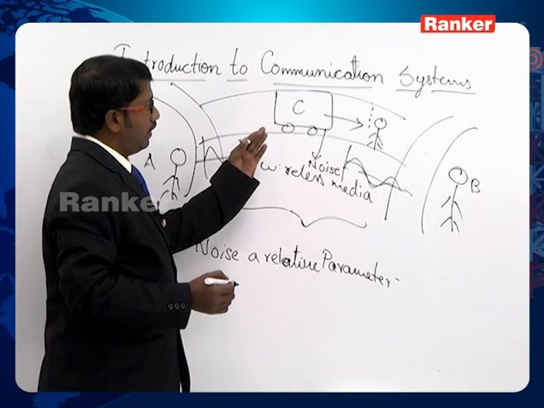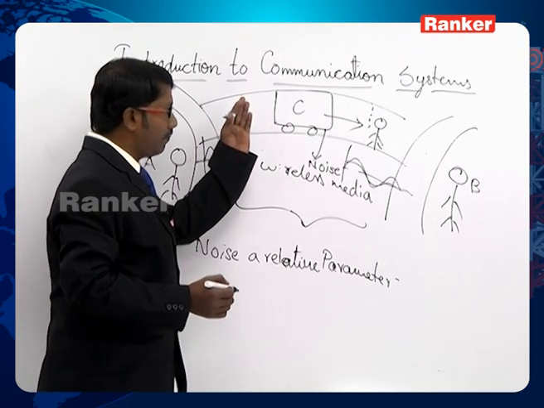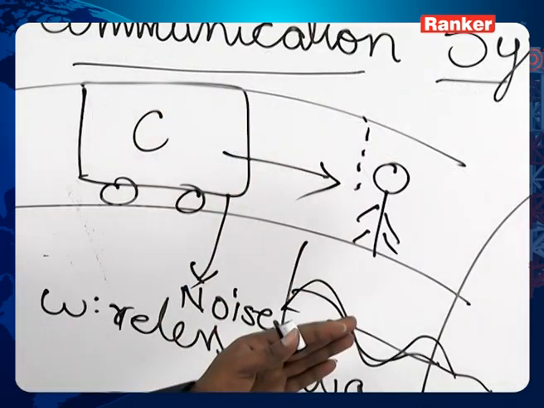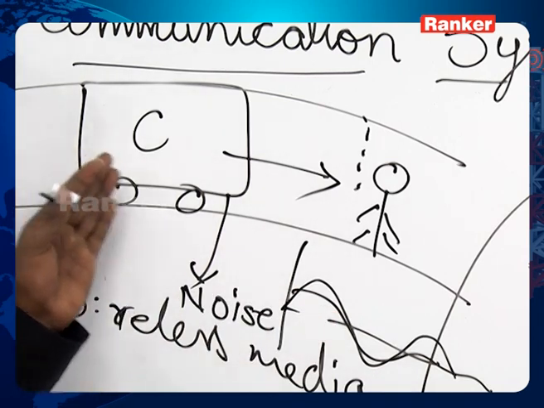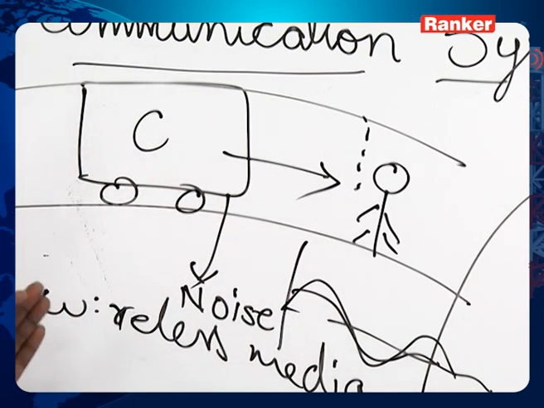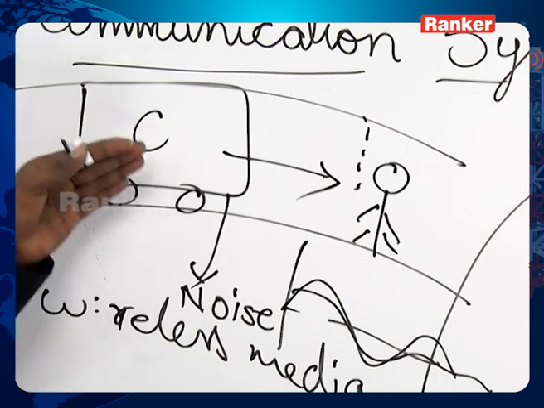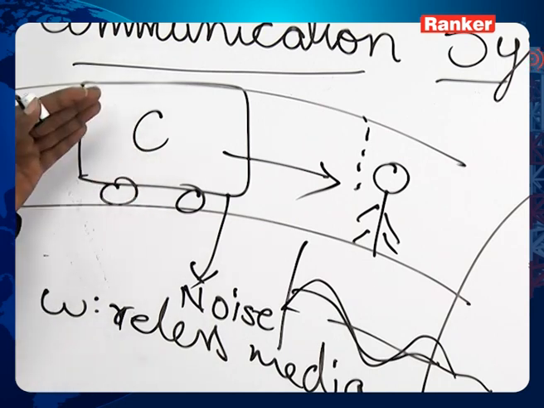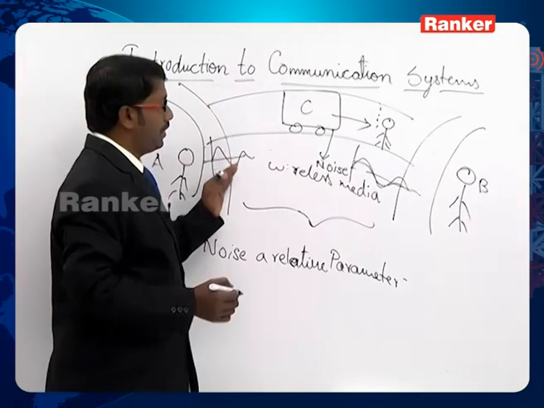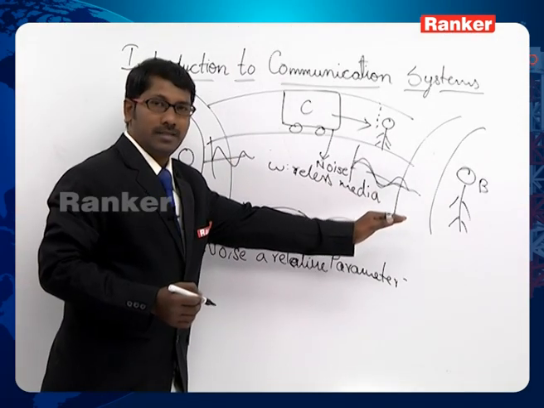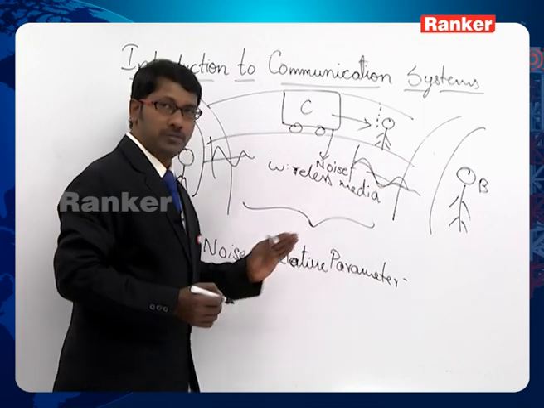As and when the vehicle sees this stranger crossing the road, it blows the horn. Now as I was saying, the signal which is generated by the horn is a noise to the signal which is going towards B.